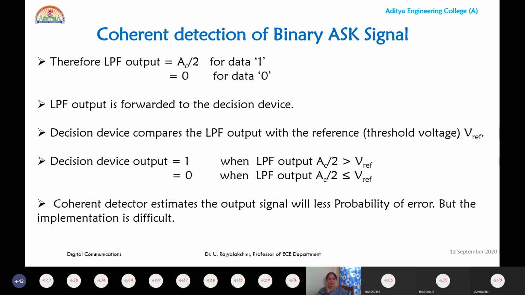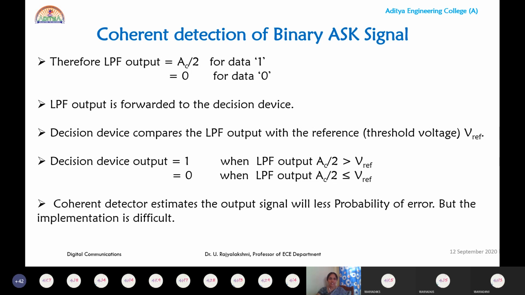Okay, thank you. So that's why the decision device output is 1 when AC by 2 is greater than V reference, and it is 0 when AC by 2 is less than or equal to V reference. Now, what is a coherent detector? What will this coherent detector do? It estimates the output signal with less probability of error, because here we are using a synchronous carrier.